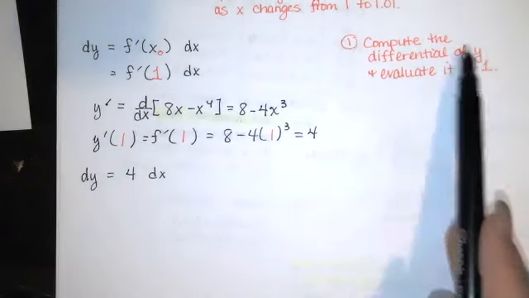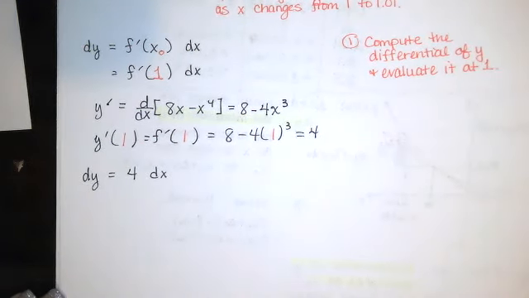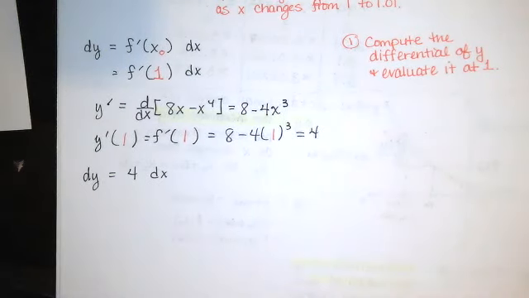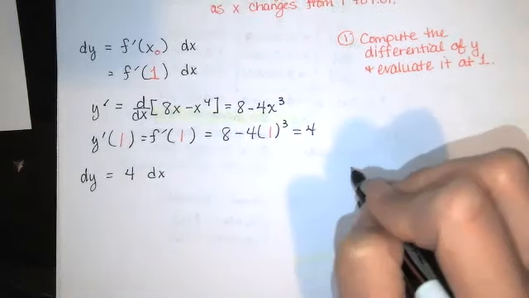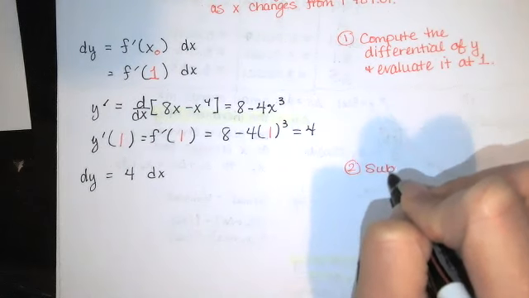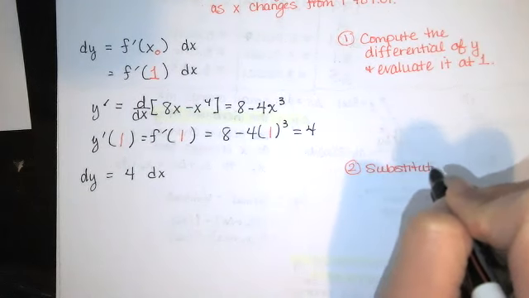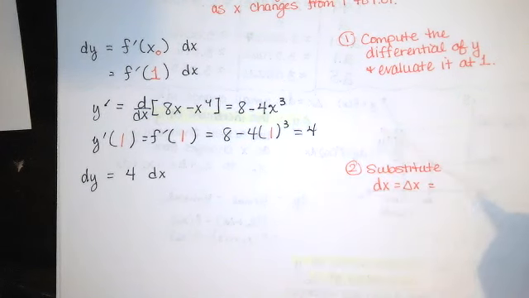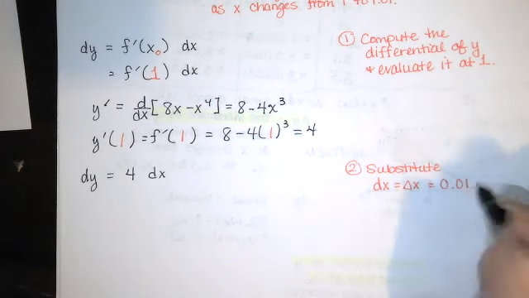So we compute the differential of y, we evaluate it at 1. And now we're going to substitute the value of dx, or delta x, that was given, which was 0.01.